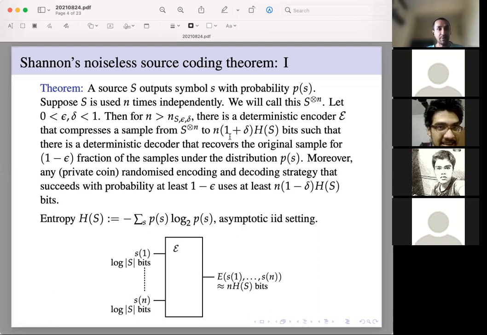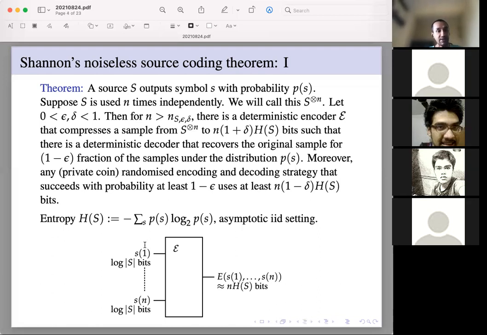What is the precise theorem? I can compress to n times h of s times 1 plus delta. So there is a little fudge, 1 plus delta. And now there's a deterministic decoder that recovers the original sample for a 1 minus epsilon fraction of the samples under the distribution PS. Note that there is an underlying probability distribution on these samples, which comes from PS repeated n times.